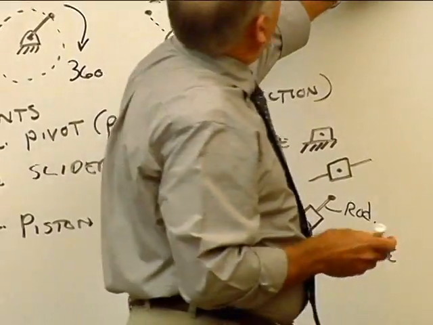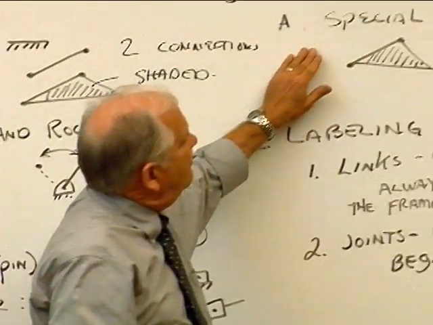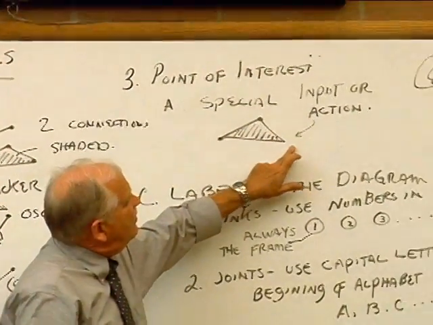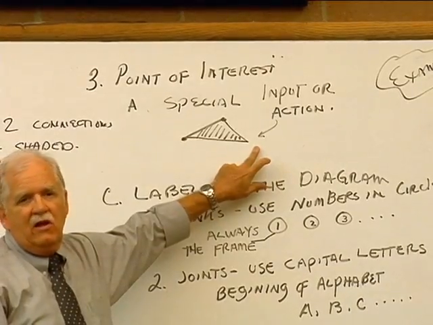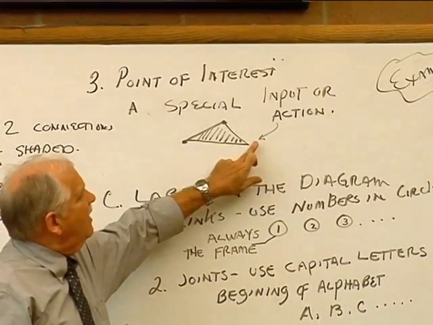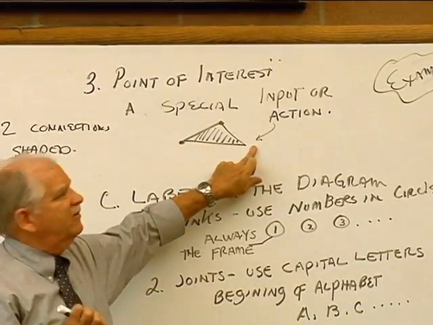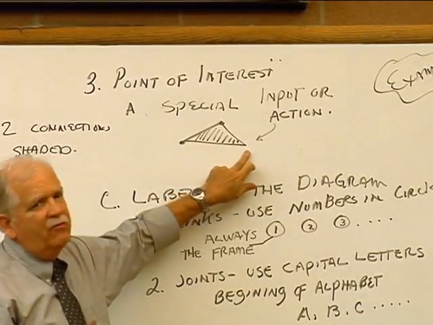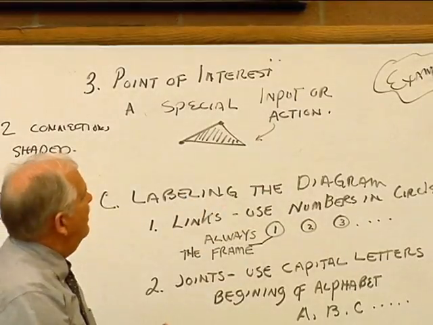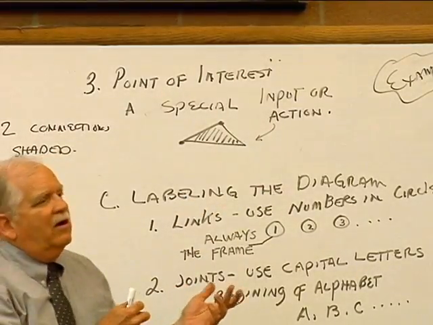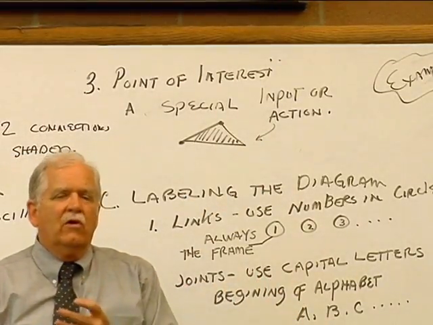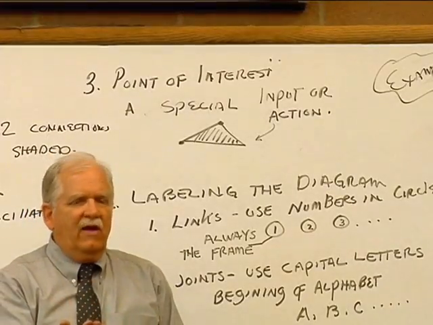Now, as far as the point of interest is concerned, it has no connection because it doesn't have anything to do with the integral part of the mechanism. It's some kind of outside force. It could be an input force or the end of the operation.